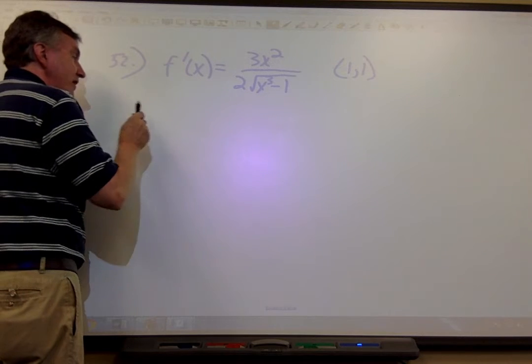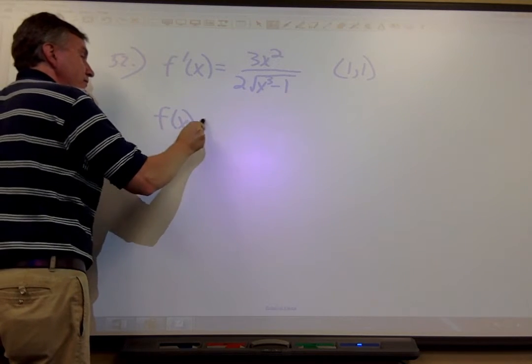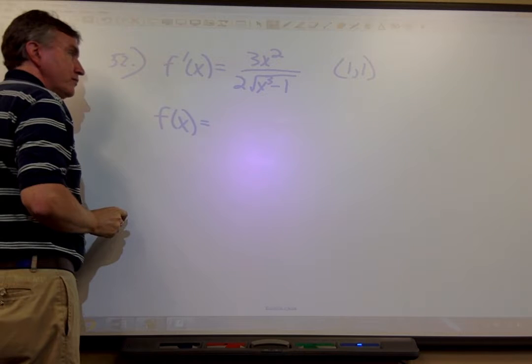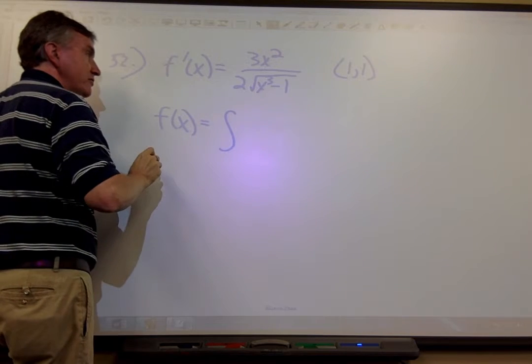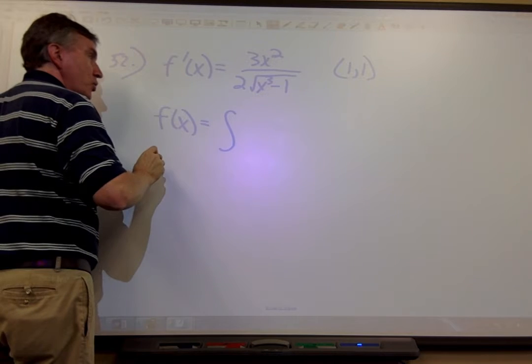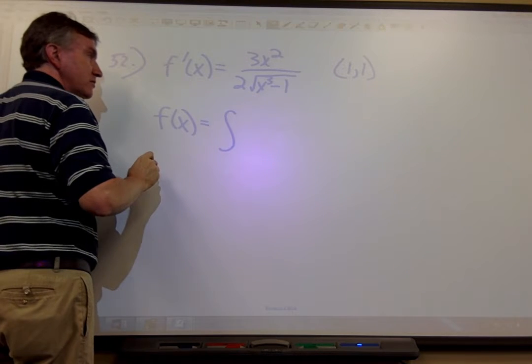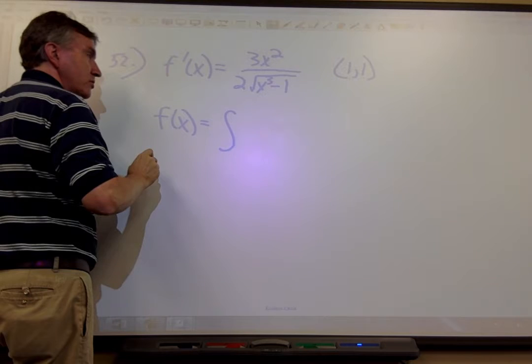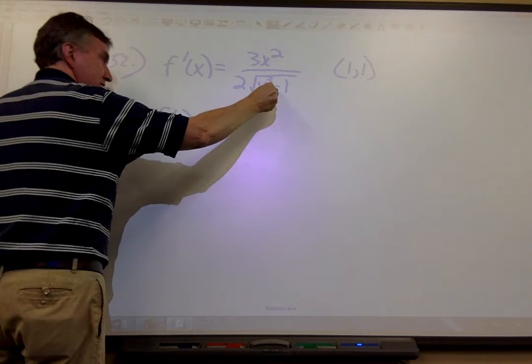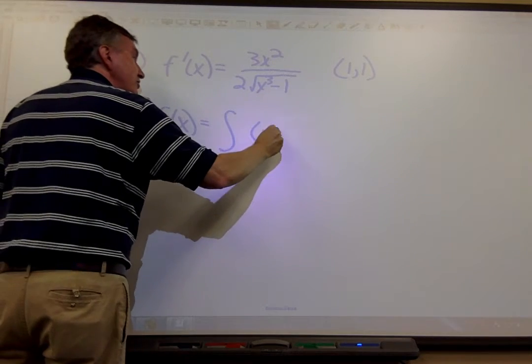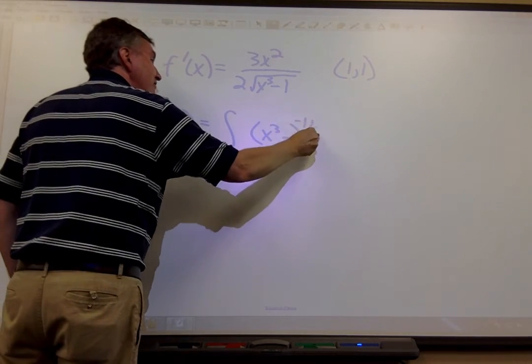Now, if I want to find f, I need the antiderivative. What's the major function then? X cubed minus 1 raised to the negative 1, x cubed minus 1 to the negative half is what that is.